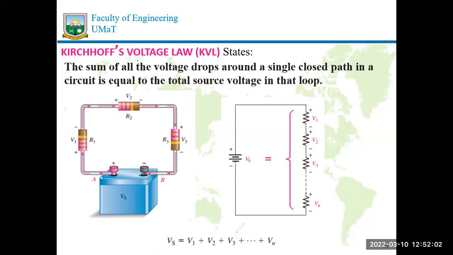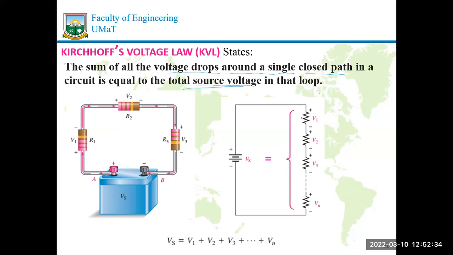There is another thing known as Kirchhoff's voltage law. The voltage law states that the sum of all voltage drops around a single closed path, please take note of this, in a circuit is equal to the total source voltage in the loop.